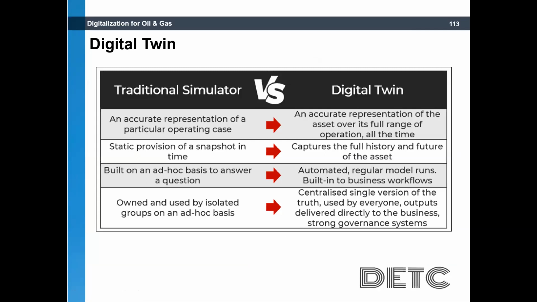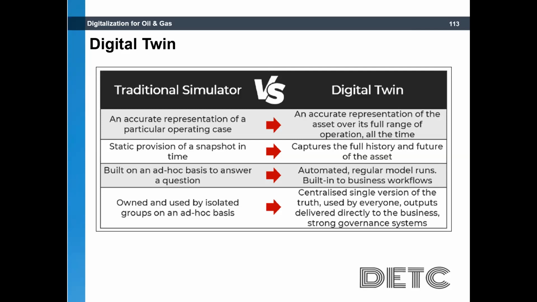We can see here an analogy between the traditional simulator and the digital twin. It's very clear that the digital twin allows for the full range of the operation all the time, as opposed to simulation, which is basically a snapshot, which is static, but here is a dynamic full history of the assets.